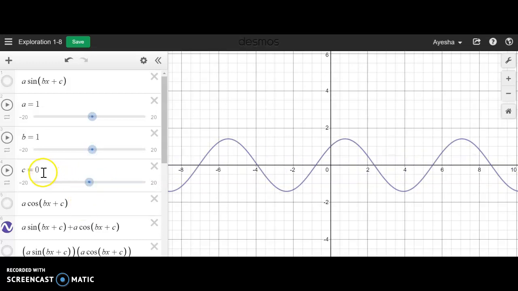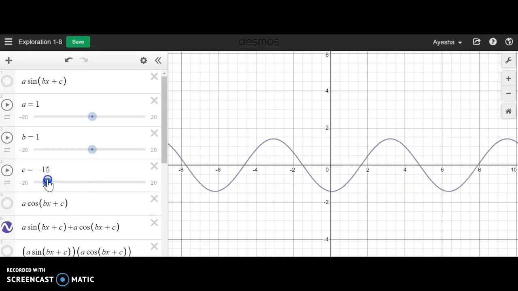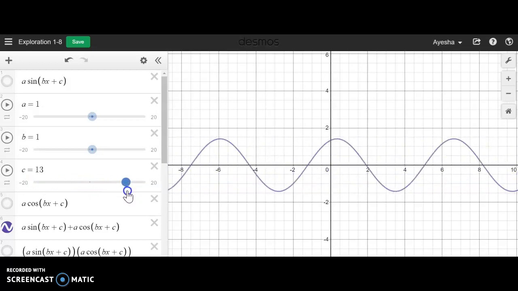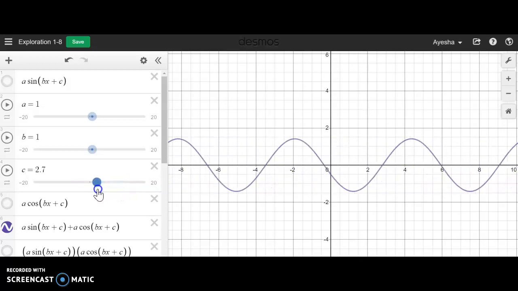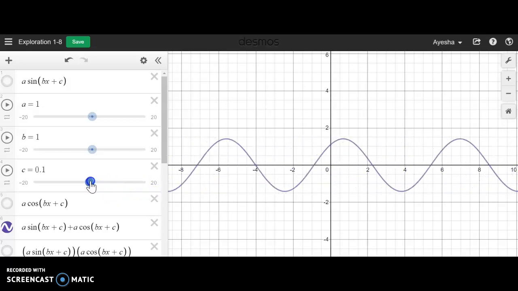Now our original c was set to 0, but we want to see what happens when we change this number. We already knew, and observed in the graphs of cosine and sine x, that c dictates the horizontal shift of the graph. Let's start back on 0.